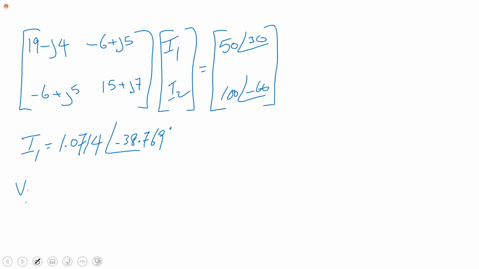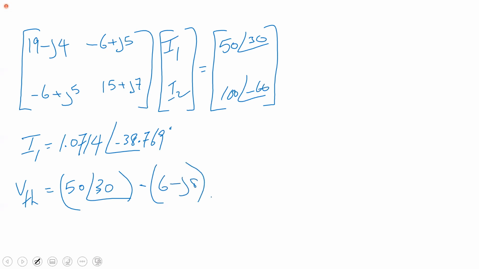So what's V Thevenin? 50 angle 30 minus open bracket 6 minus 8j multiplied by I1. Very good. 56.4 at an angle of 39.281.